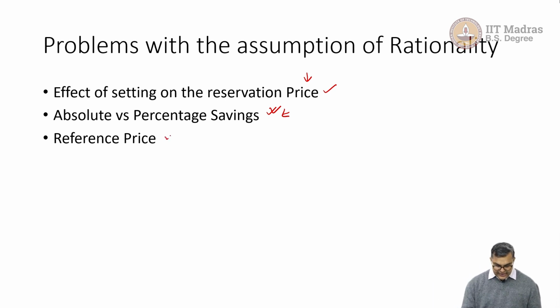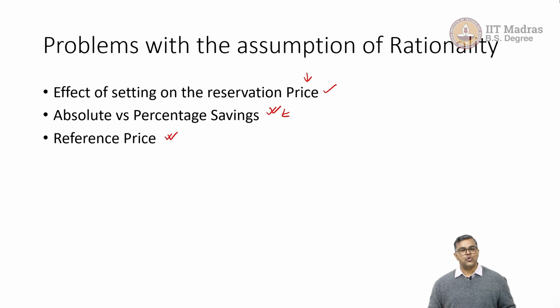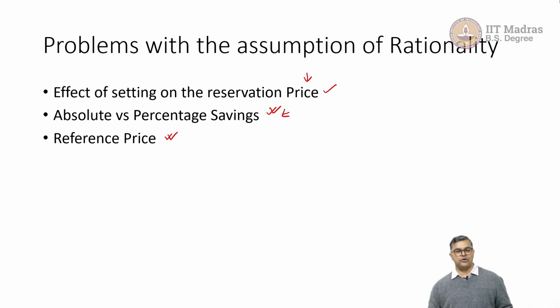Next is reference price. What was the third assumption? The third assumption was that you opt for the alternative that maximizes your consumer surplus. The problem is many times we are not aware of all the options, all the alternatives accessible to us. Sometimes we do not want to keep checking the prices at different places. Of course, you can say that there is a search cost, because searching is also costly.